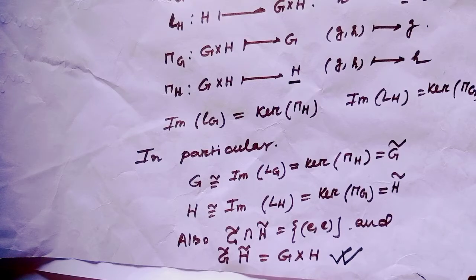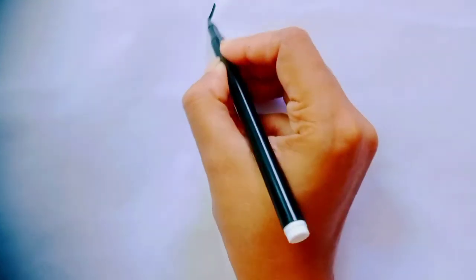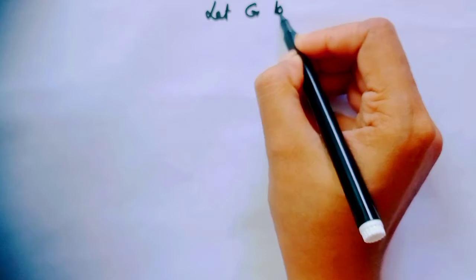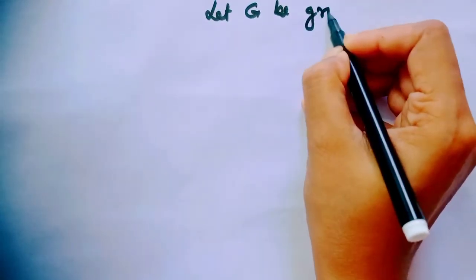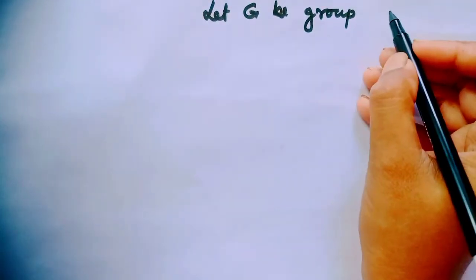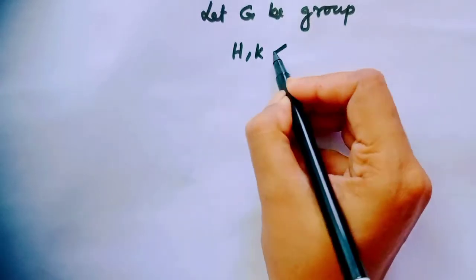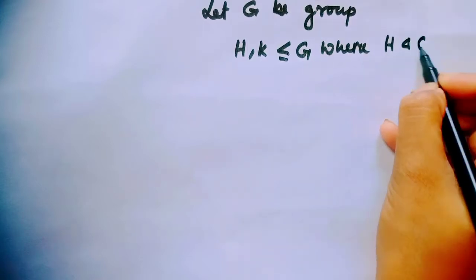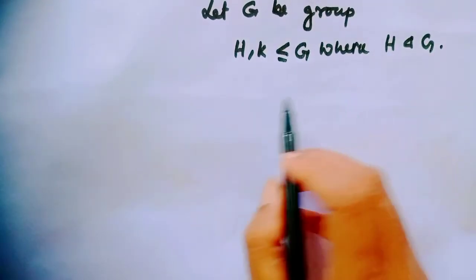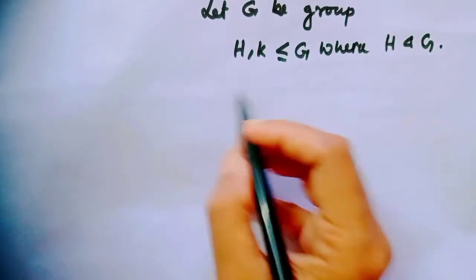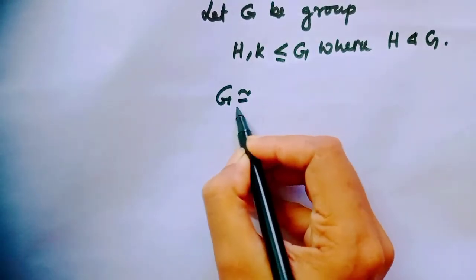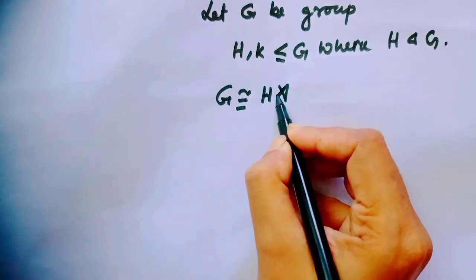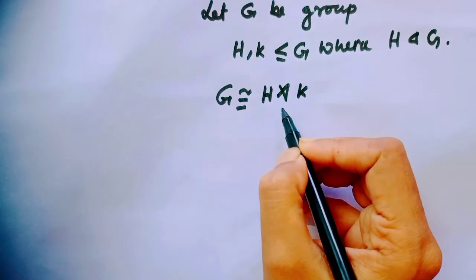external direct product. Now I will see what the external semi-direct product is. I have seen in my earlier video, let G be any arbitrary group, and H and K be subgroups of G, where H is a normal subgroup of G and K is any arbitrary subgroup of G. Then G is isomorphic to H semi-direct product K, and this is the funny symbol.